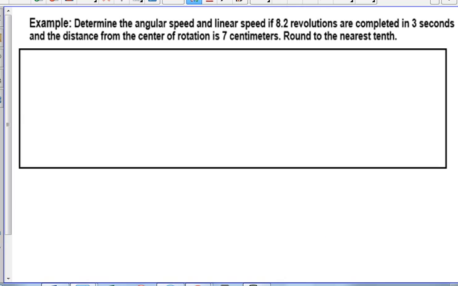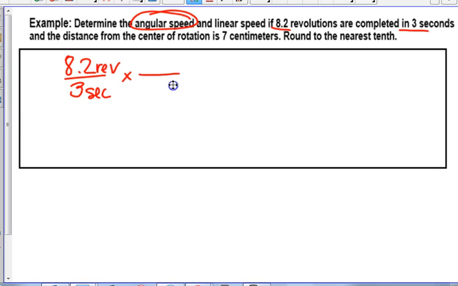Okay. This one's done, so just watch. Humor me. Watch my beautiful handwriting. It says 8.2 revolutions in 3 seconds. That's not an angular speed, because we need it in what? Radians. So 1 revolution is 2 pi radians.